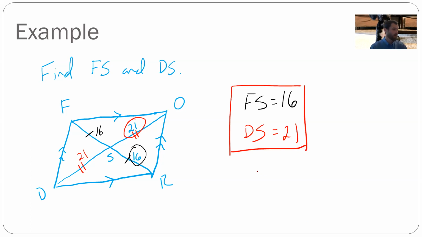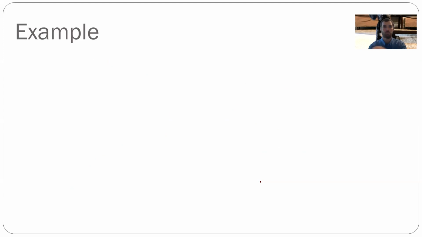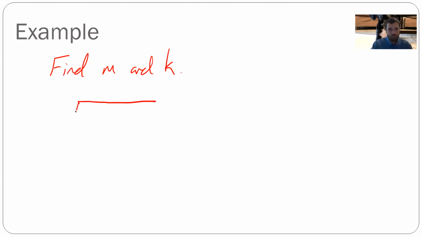All right, I believe I have one more example for you before I say adios. All right, so for this, let us find M and K. We know that this is a parallelogram.